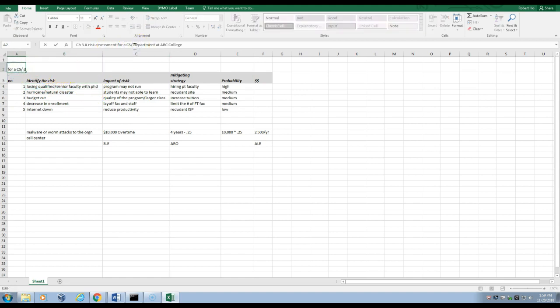I don't know if many of you are aware, in order to teach upper level courses or to offer a bachelor program, one half or one third of those faculty need to have a PhD. If we don't have PhDs in the program, the college can lose the accreditation. So that's the first risk: losing qualified or senior faculty with a PhD.